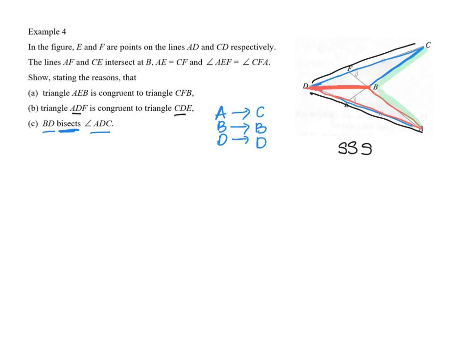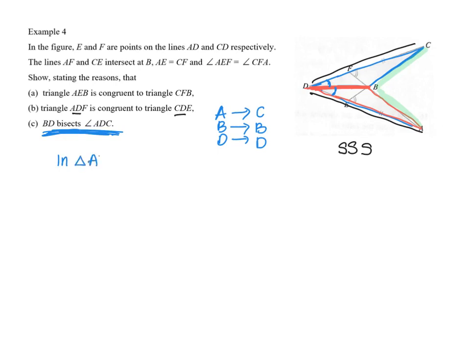So let's begin. I already have my matching points ABD and CBD. If I can show that these two triangles are congruent, that means this angle over here will be equal to this angle over here. And if they are equal, then BD bisects angle ADC. So let's start off with the congruent triangle.